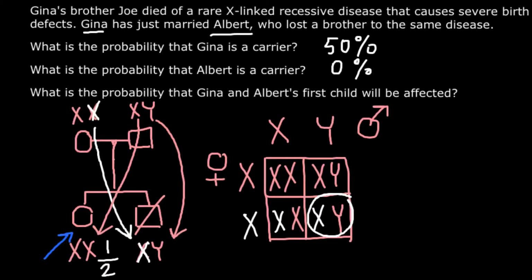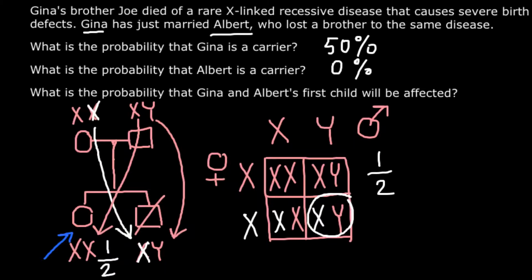So now we can return to our calculations, and the first question that we have to ask ourselves: what is the probability that Gina is a carrier? According to our pedigree, her probability to be a carrier is 50%, or 1/2.